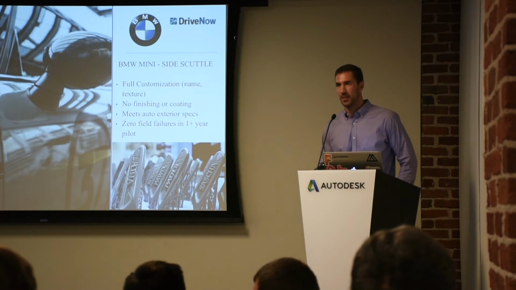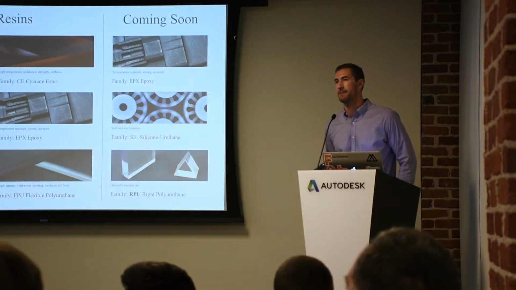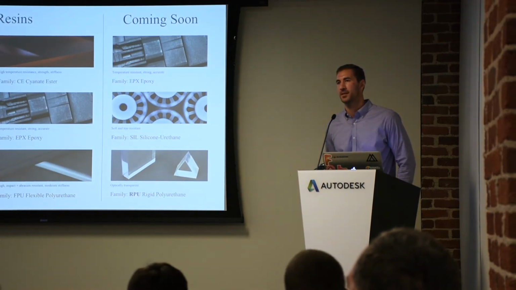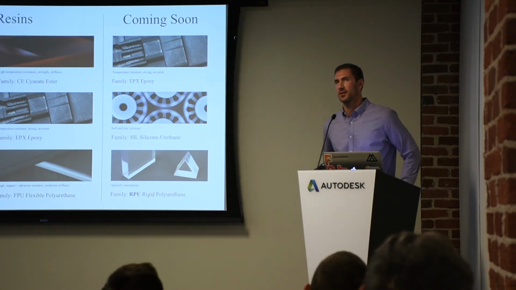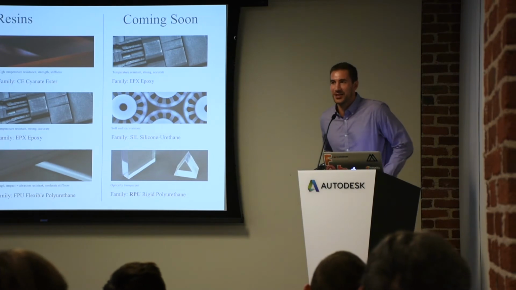Question about the optically transparent material. Are we able to print different densities throughout the material so that you can actually have optical applications for it? That's a good question. I've gotten that before, and I haven't gotten a great answer from our materials team.